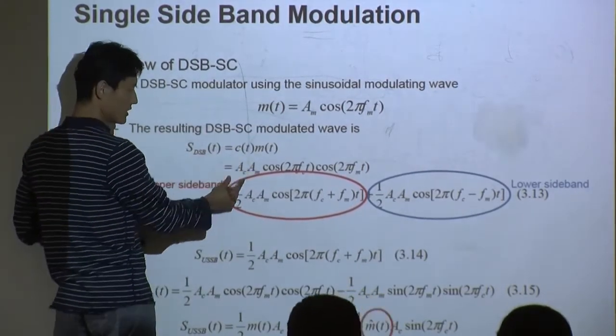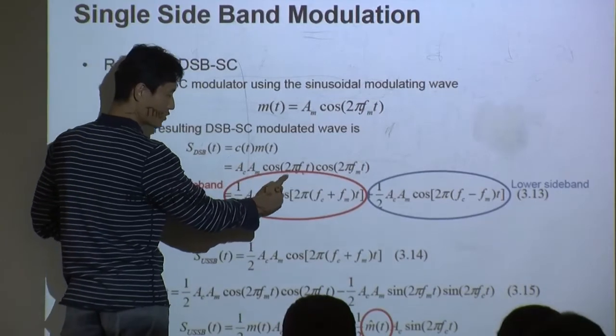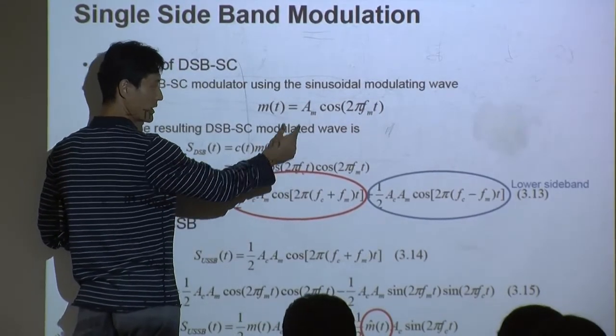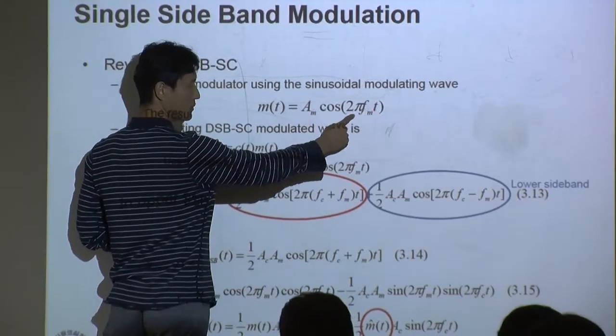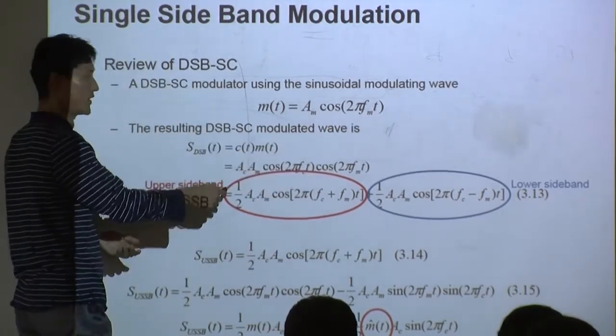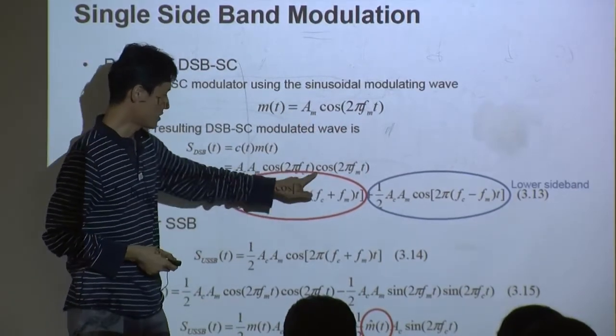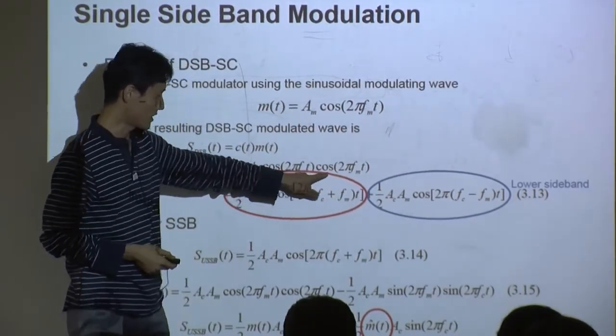Our carrier is AC times cosine 2 pi FCT, and the message is AM times cosine 2 pi FMT. FM is the message frequency, right?